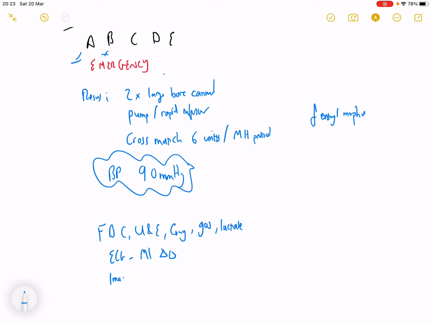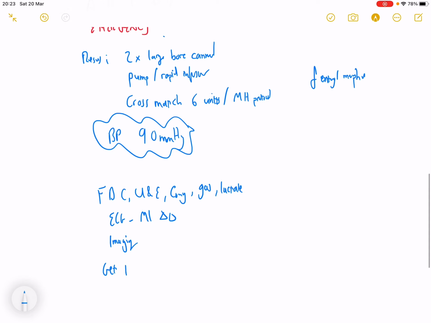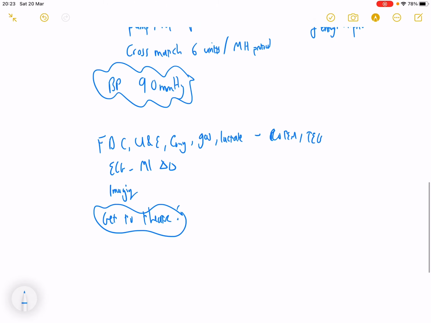You might be able to do some quick imaging and then get to theatre. You can also consider a ROTEM or a TEG. But the main point is that you need to get to theatre as quickly as possible.